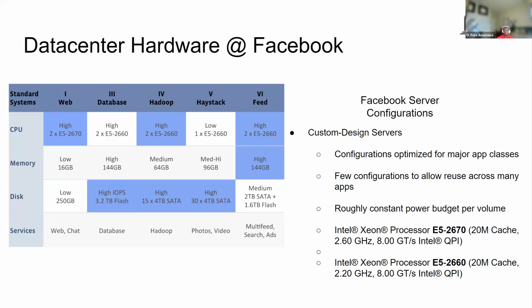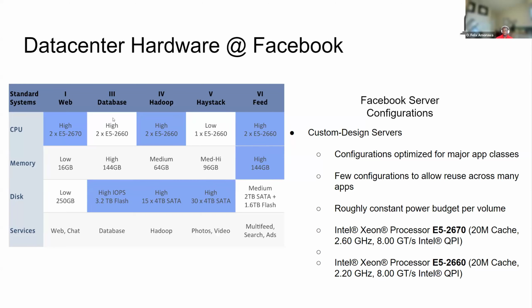But when you think of how Meta operates as a social network, you have a web app or web tier, you have a database tier, you have a Hadoop tier that typically is dealing with all of the parallelization of the data across different partitions. You have a haystack layer, and then you have a feed layer.